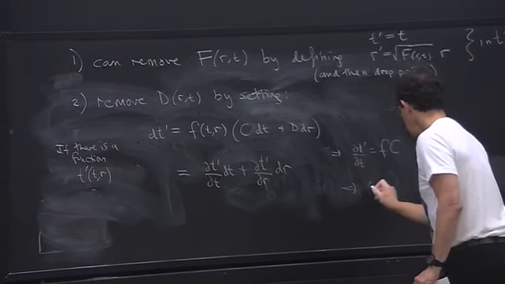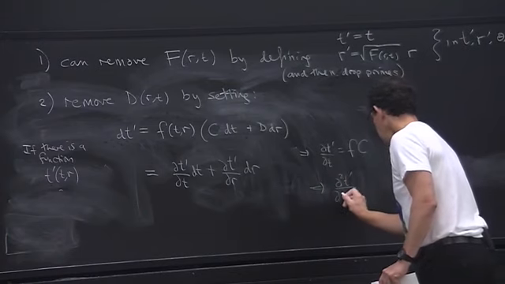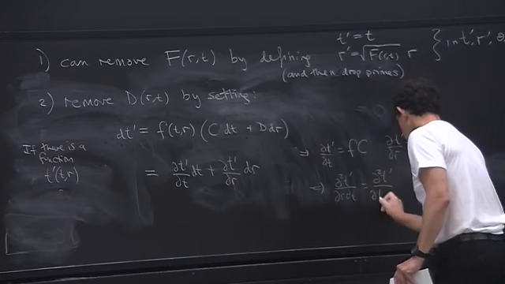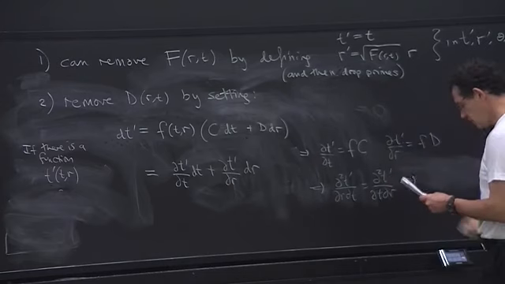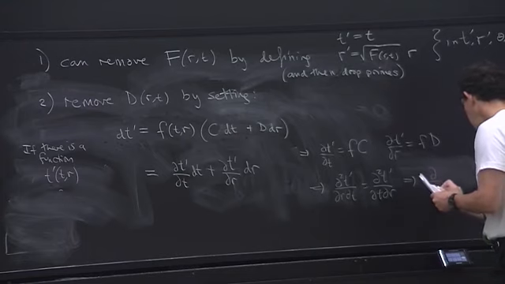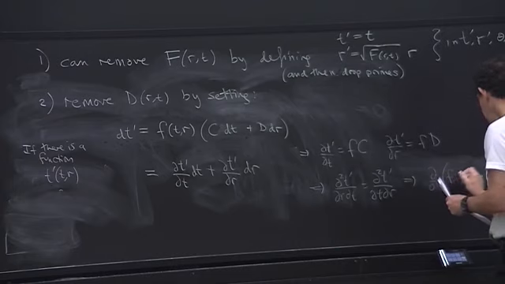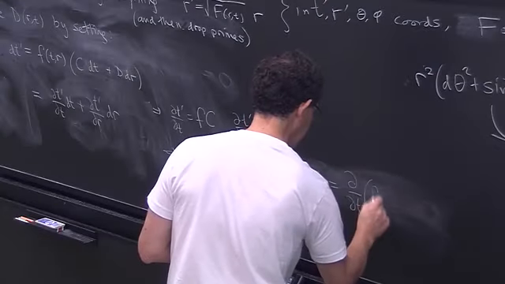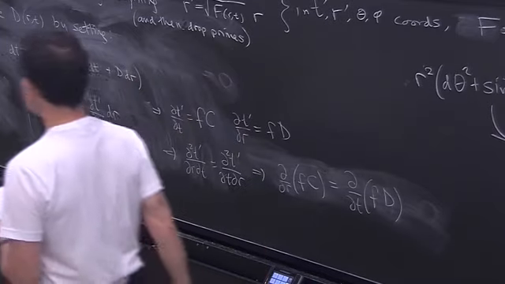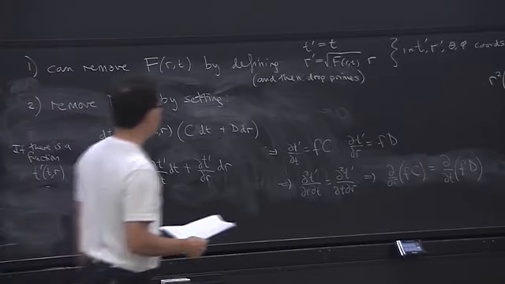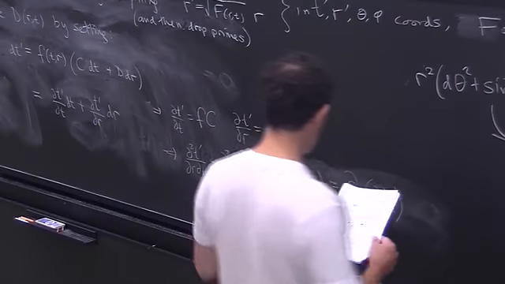And necessarily, we must have d2t prime/dr dt equals d2t prime/dt dr. And this gives us an equation that d/dr of f times c must equal d/dt of f times d. So in order for that coordinate transformation to exist, f has to satisfy this equation.